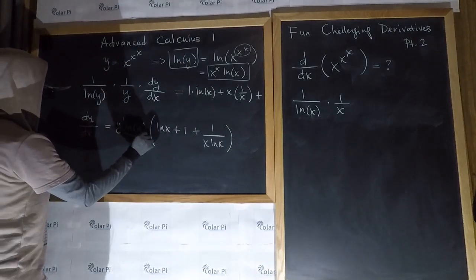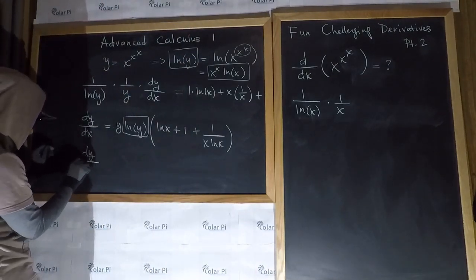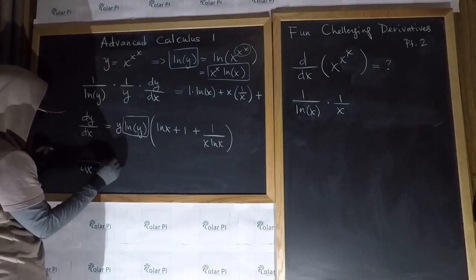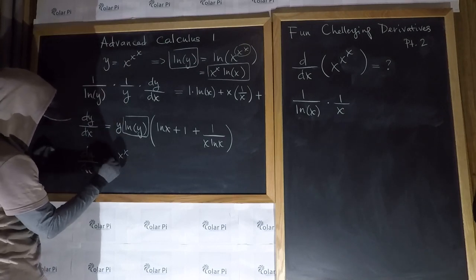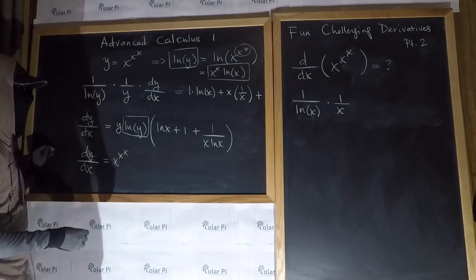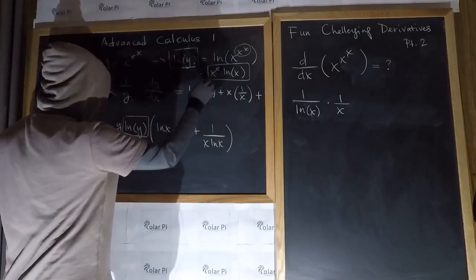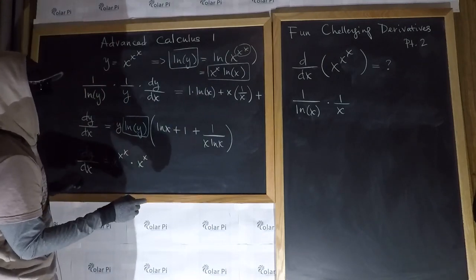So I'm saying dy dx is equal to y, again, is x to the x to the x, that's y, and then natural log of y is x to the x times the natural log of x.